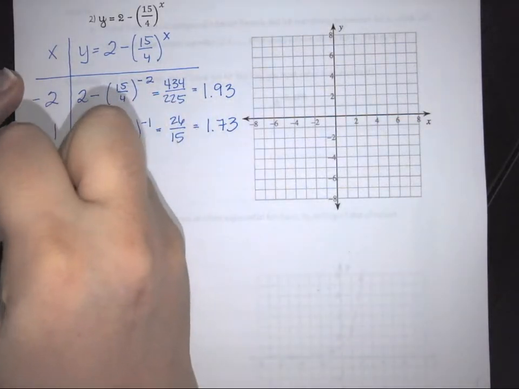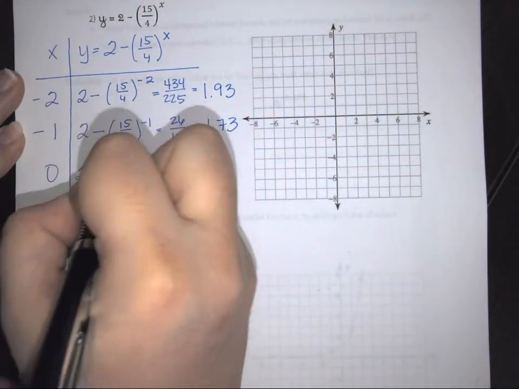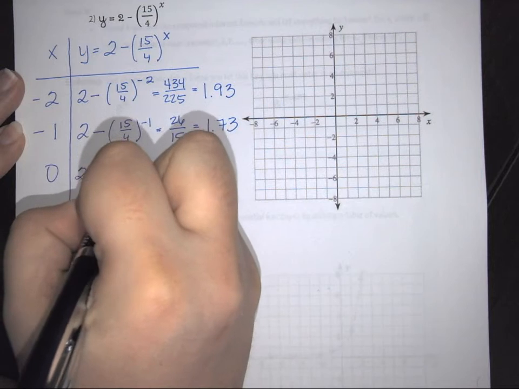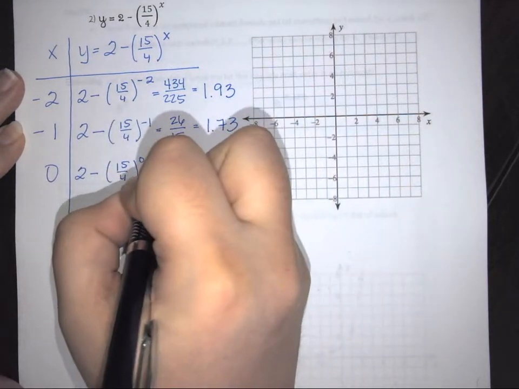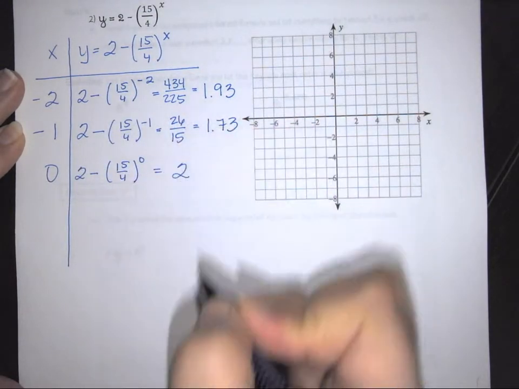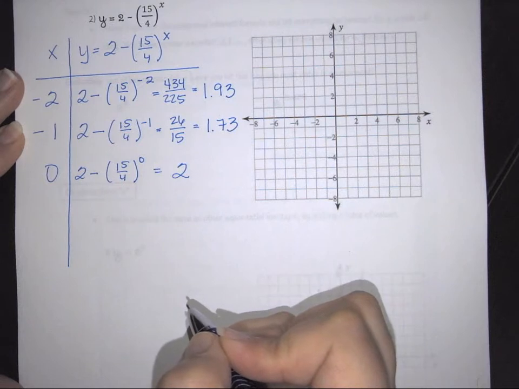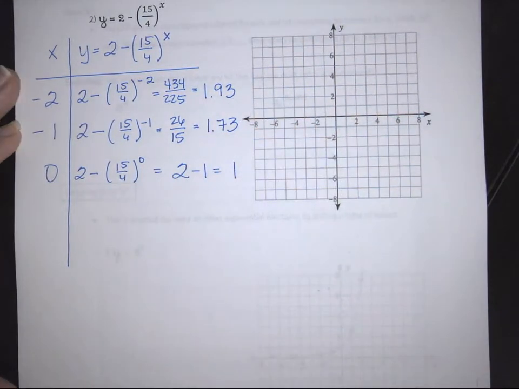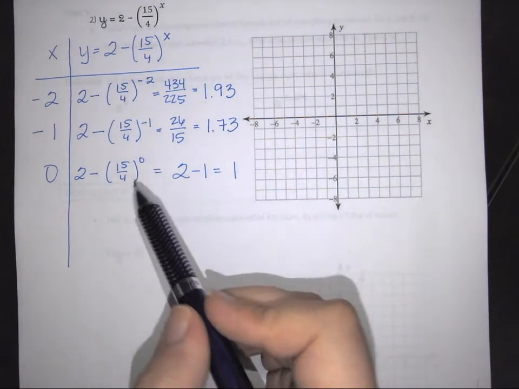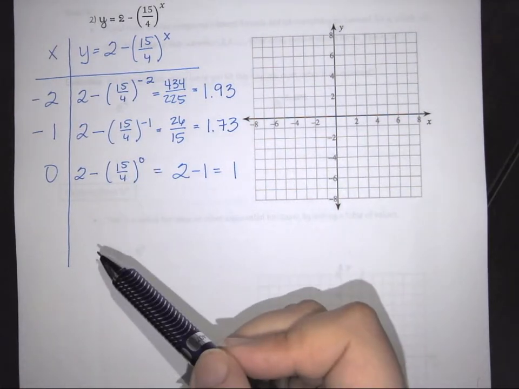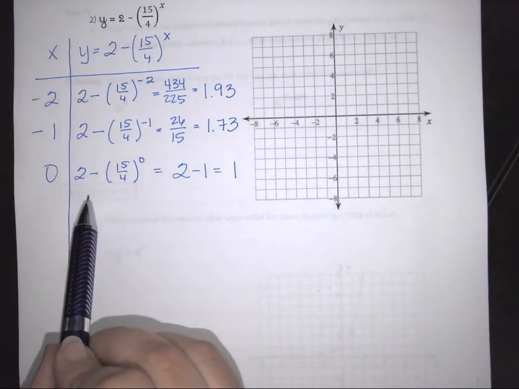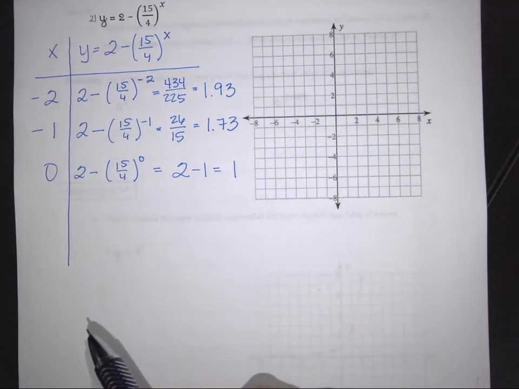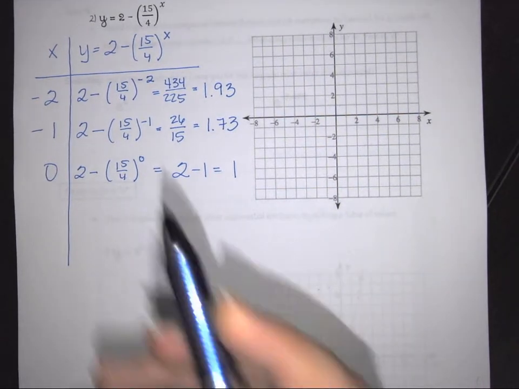So here we have 0. So 2 minus 15 over 4 to the 0 is going to give you 2 minus 1, which equals 1. Why is because anything raised to the 0 power is 1, and then we still have to input it into your problem here.